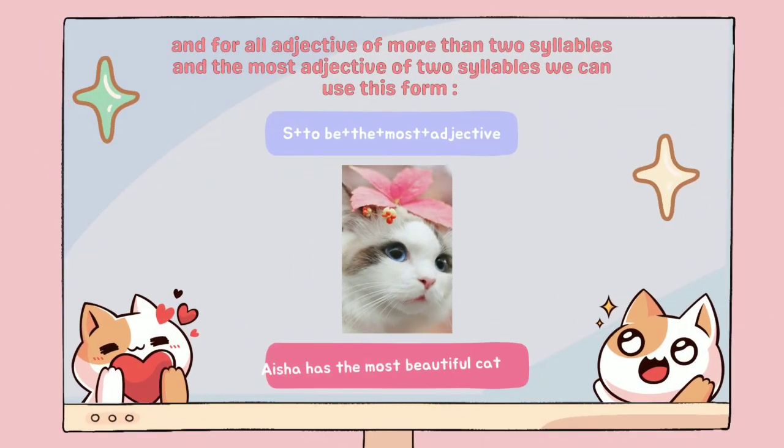And for all adjectives of more than two syllables and most adjectives of two syllables, we can use this form: subject plus to be plus the plus most plus adjective. For example, Asia has the most beautiful cat.